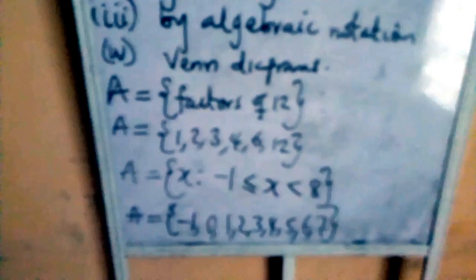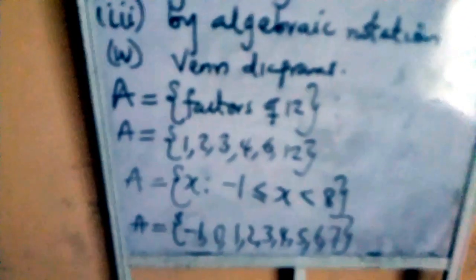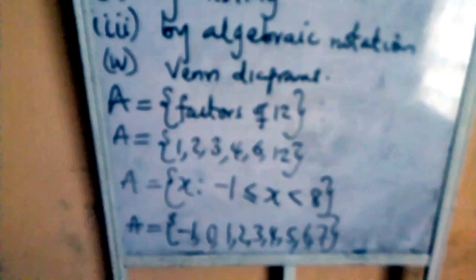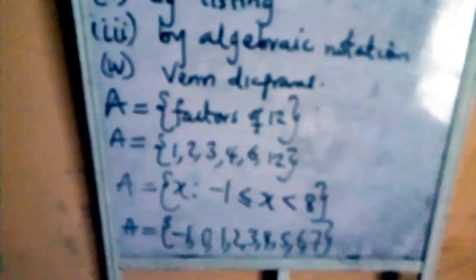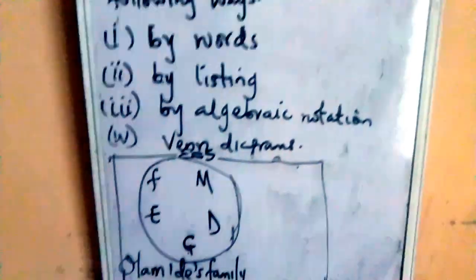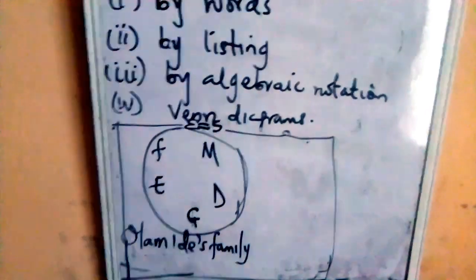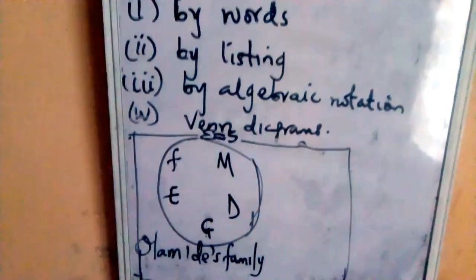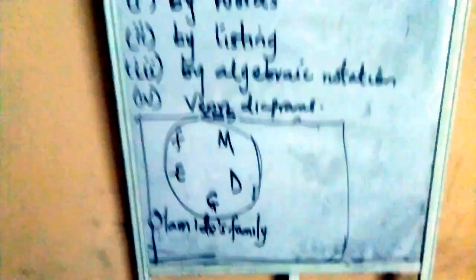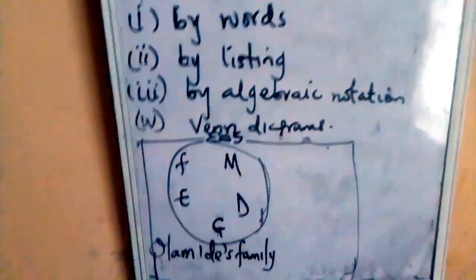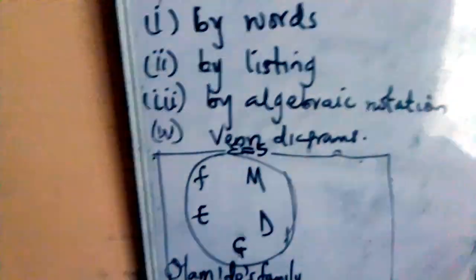represent sets. So you can also represent sets using a Venn diagram. A Venn diagram is a pictorial representation of a set. When you see a circle, it means a set; the collection of objects or elements of that set will be placed within the circle.